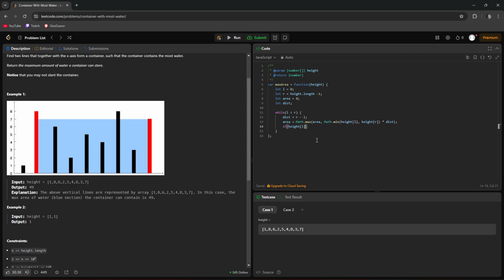And if the height L is greater than height R, if the left is greater than R, we'll move this in and check. Else, we'll do the opposite.